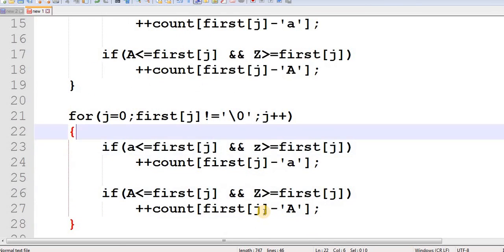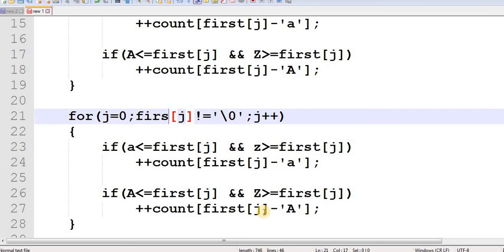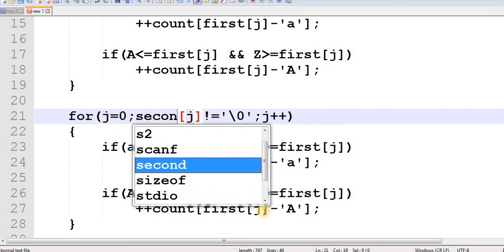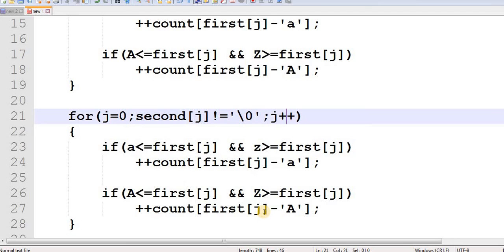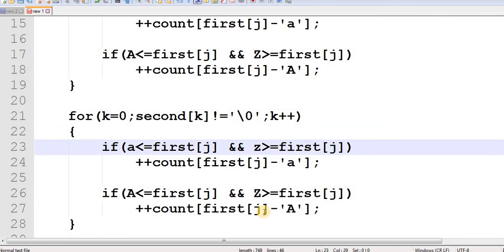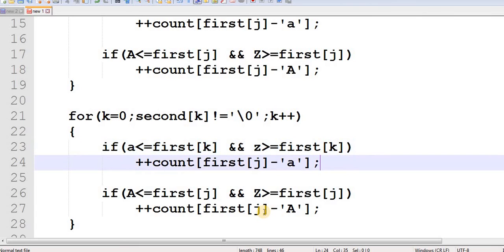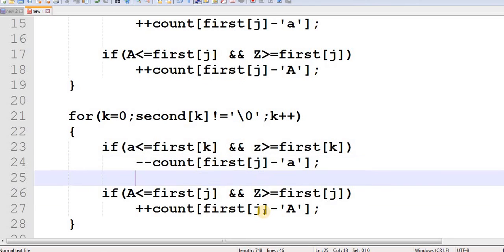So this is the second input string, and let us take k with second of k not equal to 0 and k plus plus. If the character is between small a and small z, then for the second input string, instead of incrementing, we are going to decrement the count, so minus minus.